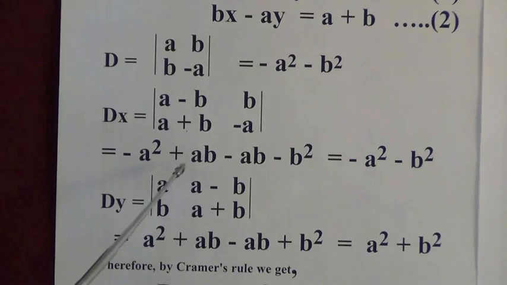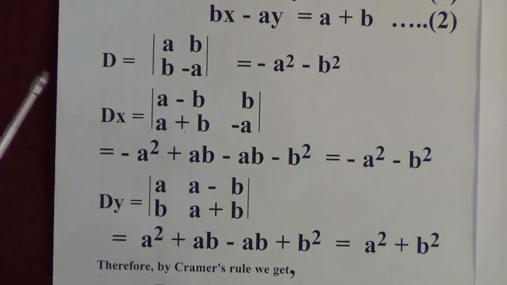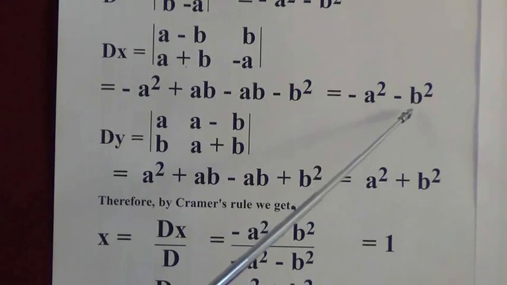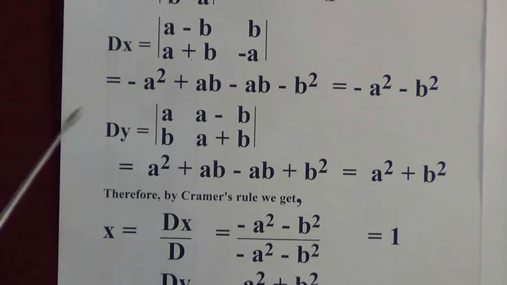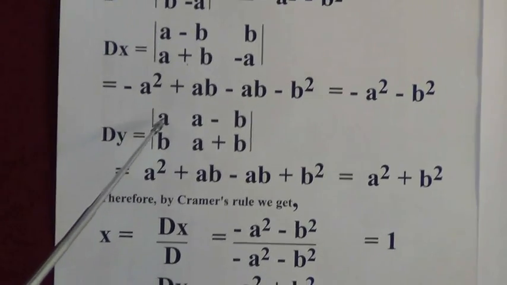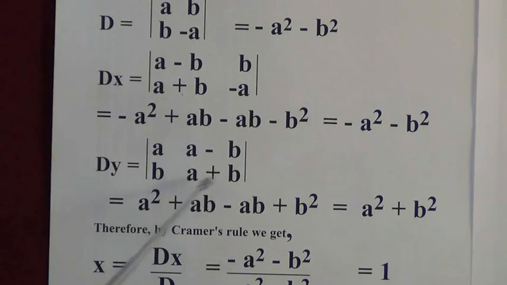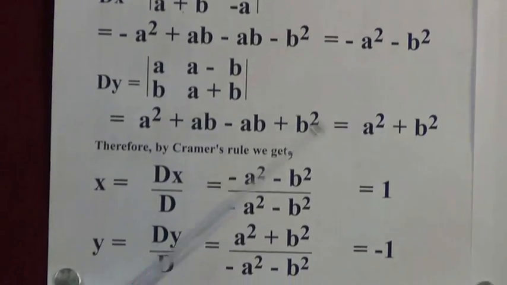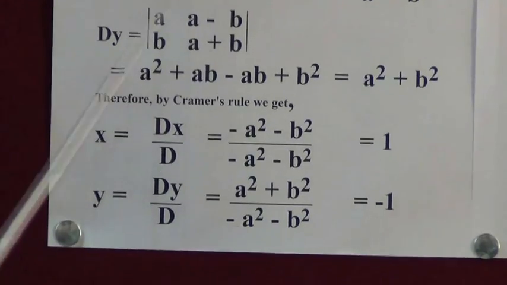If you simplify this, you will get the value of Dx as minus a square minus b square. The value of determinant Dy has rows a, a minus b and b, a plus b. If you simplify it, we get the value of Dy as a square plus b square.